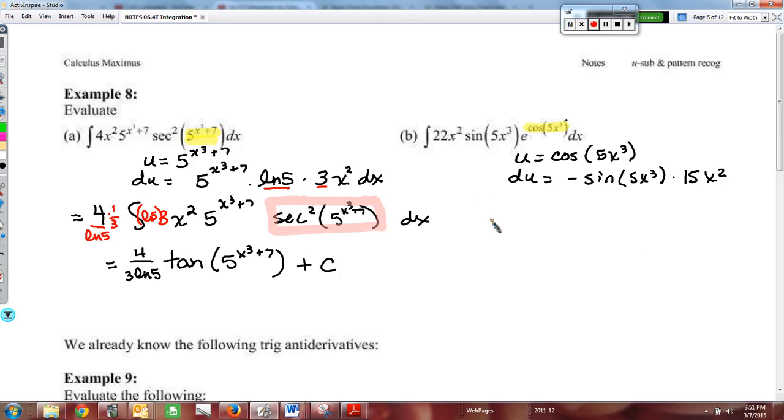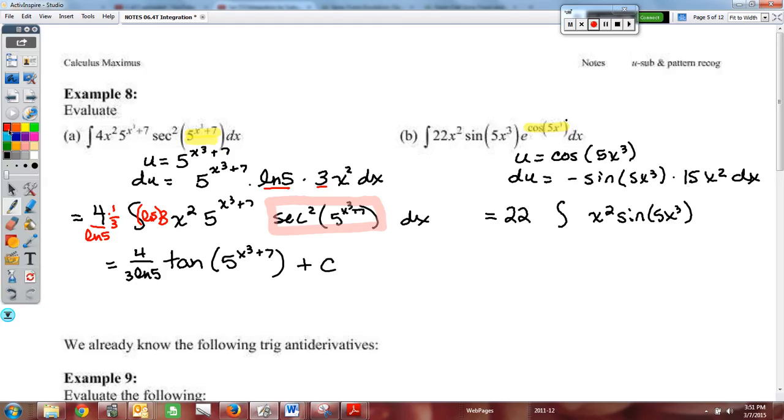Then we start rewriting this. I look at this 22 and I say, not in my derivative, so that's a writer. Pull it out. Leave yourself some space. The x squared is good. The sine of 5x cubed, that's part of it. And then I say, well, I always forget to put the dx on the end, I'm missing the negative and the 15.